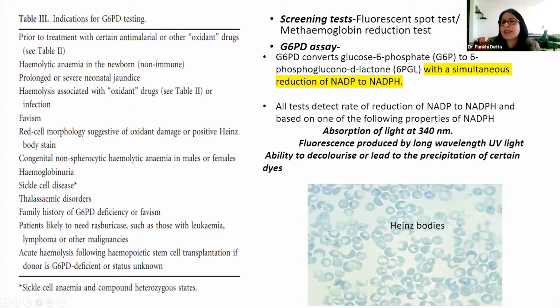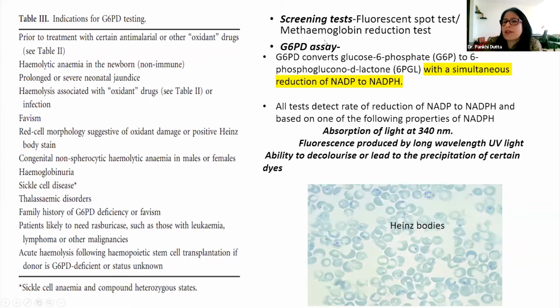One can go for the screening tests. All the tests actually test the ability of the hemolysate of the patient to reduce NADP, and the NADPH can give you fluorescence. So one screening test is a fluorescence spot test. One can also use a methemoglobin reduction test.